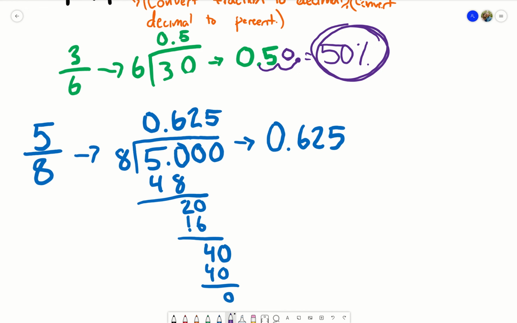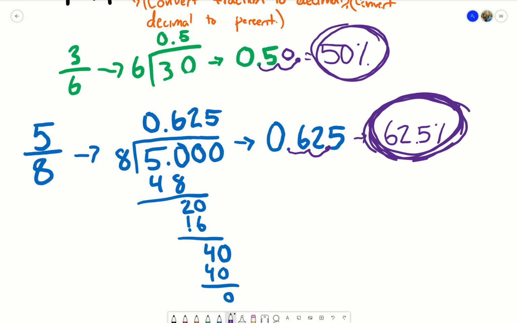To convert, move my decimal 2 places to the right, turns into 62.5%. And that is turning fractions into percents. Okay? Turning fractions into percents.